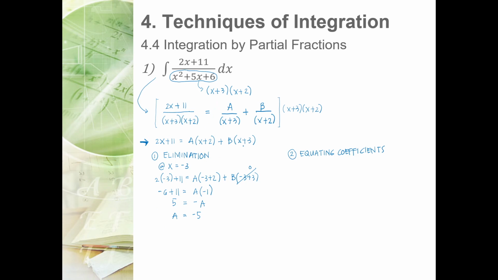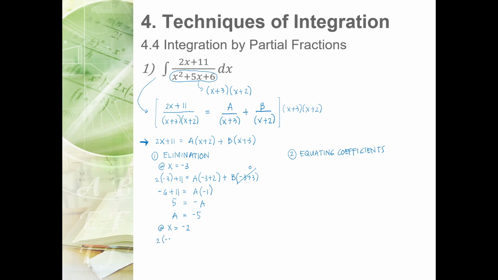So of course, to look for the other variable, you just have to set again another value of x to eliminate A. So that's why it's called elimination. Setting a value for x to eliminate the other variable, retain one variable. So let's say, to eliminate A, our x should be -2.